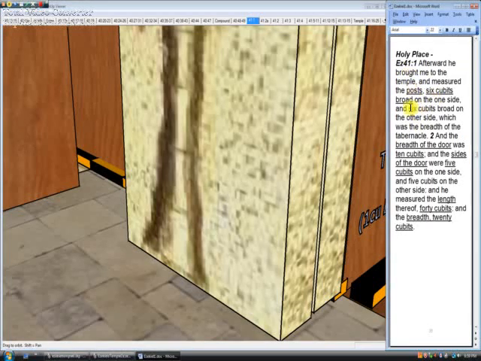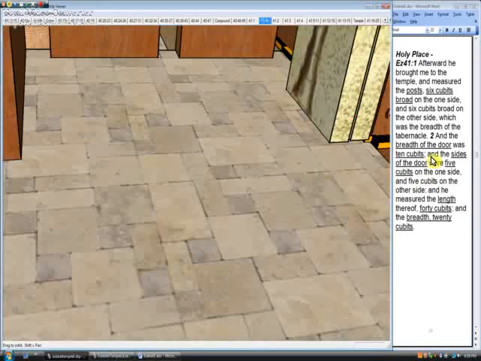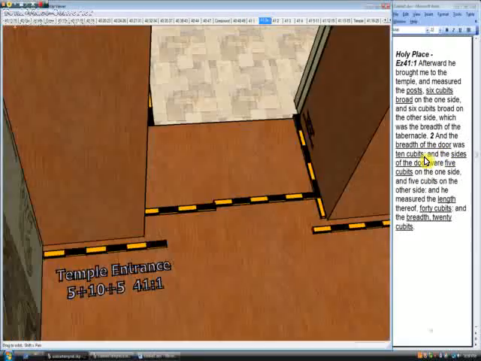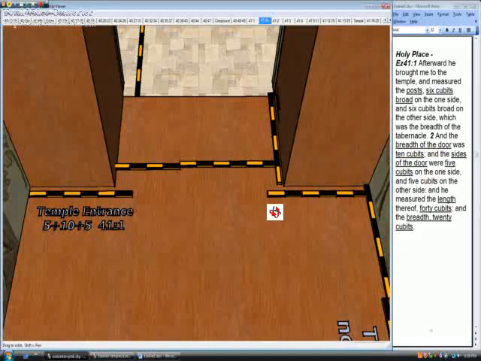Alright, 6 cubits broad on one side. Here's the 6. And it says the breadth of the tabernacle. So the wall is 6 cubits wide, and the post here goes in 1 cubit into the wall. And the door itself is 10 cubits.